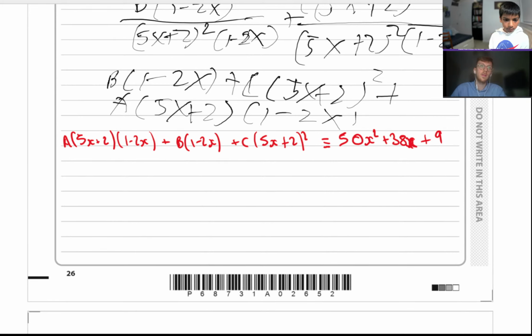X equals negative 2/5, so substitute. Make sure you're showing the examiner what you're substituting in, so I'd write down let x equal minus 2/5.